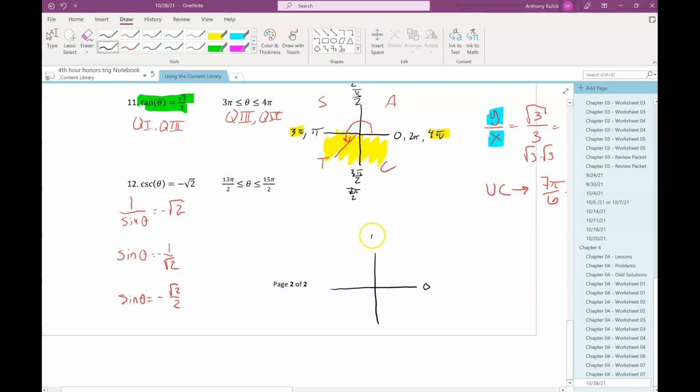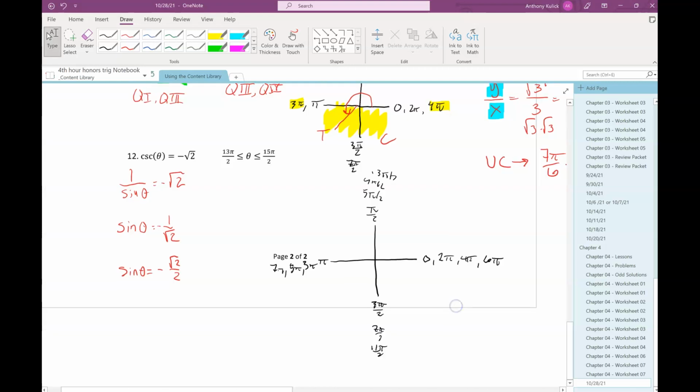So 0, pi over 2, pi, 3 pi over 2, 2 pi, 5 pi over 2, 3 pi, 7 pi over 2, 4 pi, 9 pi over 2, 5 pi, 11 pi over 2, 6 pi, 13 pi over 2, 7 pi, and then 15 pi over 2.